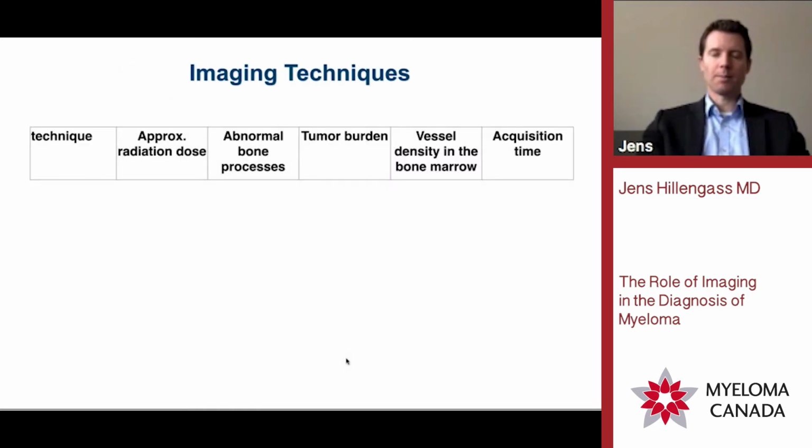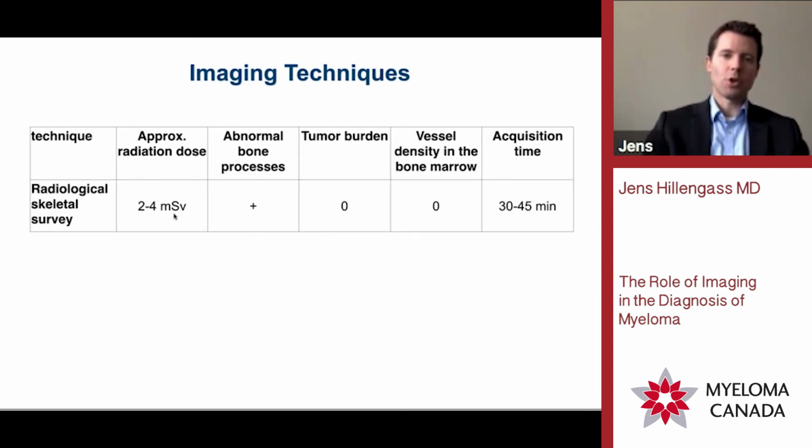Comparing the techniques, to summarize this part of my talk, the skeletal survey has a low radiation dose and is okay to detect bone changes, but as I mentioned, 30 to 50 to 70% of bone has to be destroyed. We don't see much of the bone marrow or the soft tissue, and vessel density is more for research, but in the bone marrow, we have no information on that.